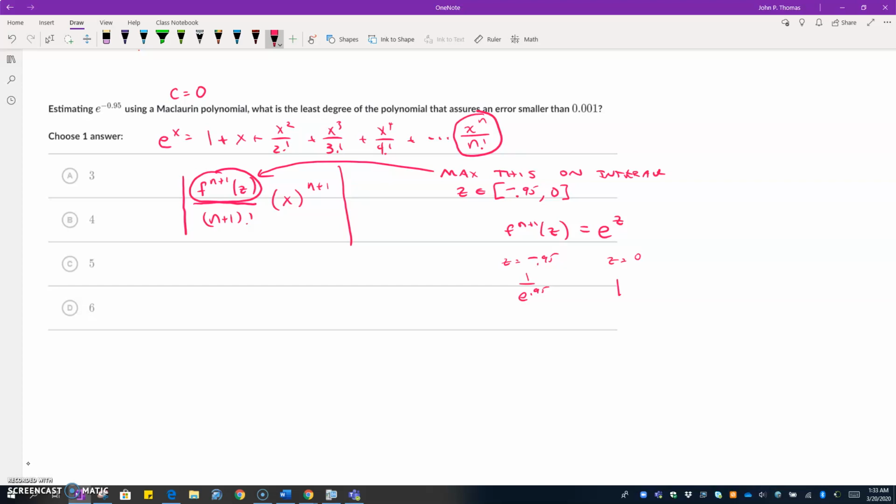Now I'm going to think about what happens as that negative 0.95 gets closer and closer to 0. As I do that, I'm going to get smaller and smaller numbers, closer and closer to 0. So that bottom number is going to creep smaller as I move in that direction.